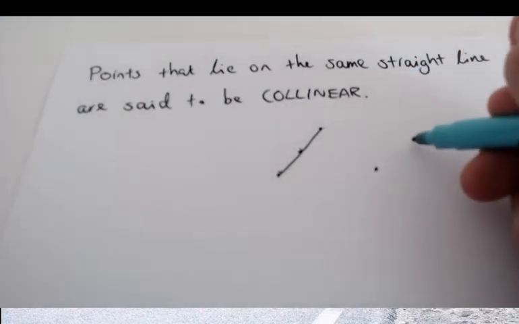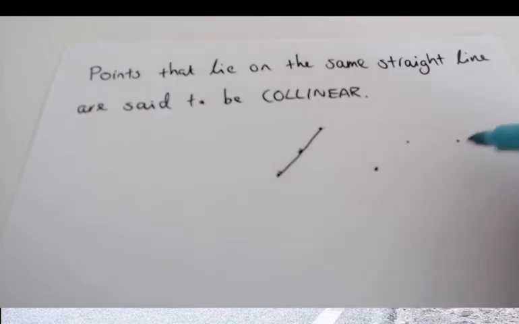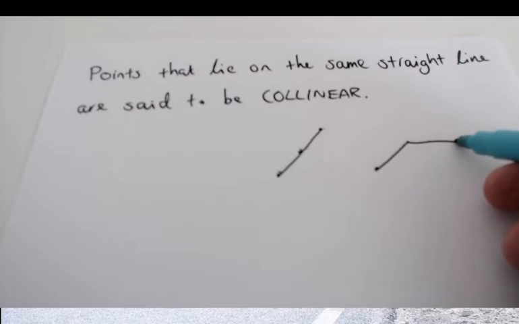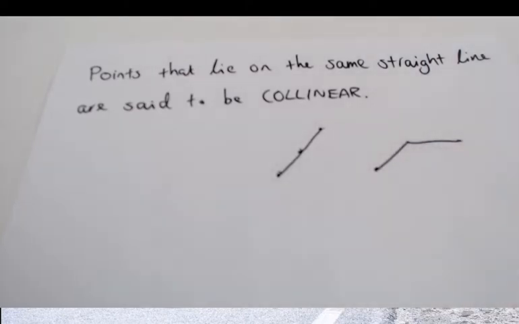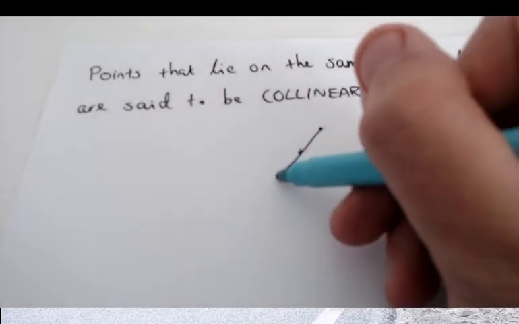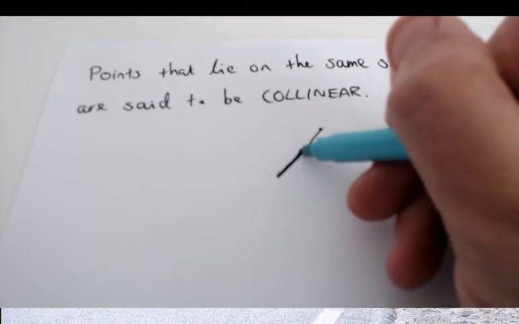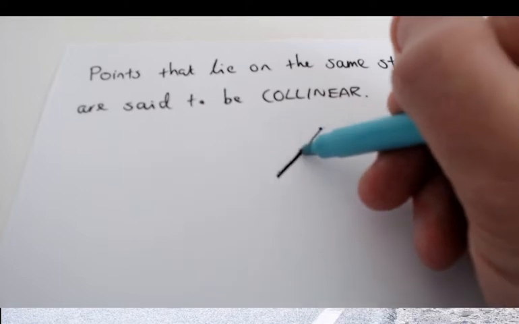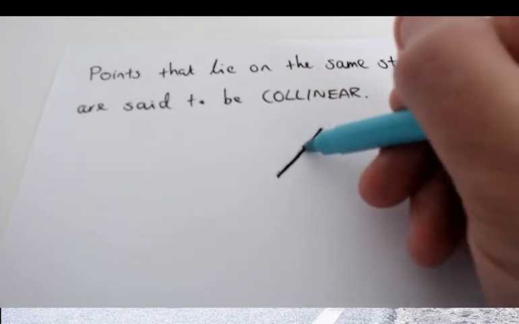If our points were like this, they don't lie on the same continuous straight line, so they wouldn't be collinear. To do this, we need to find the gradient of that part of the line, and then the gradient of that part of the line.